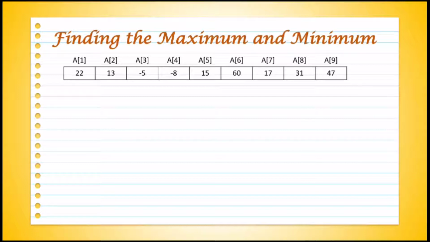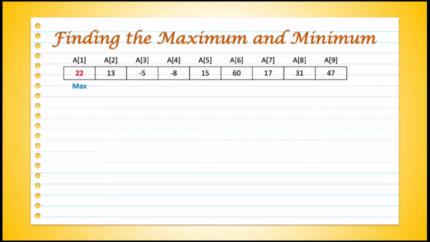So to understand better, we will take this example, and first we will try to find the maximum element. First we will assume the first element as max, that is maximum number. This number we will compare with the remaining numbers, and suppose we find a larger number, then we will replace the value of max.